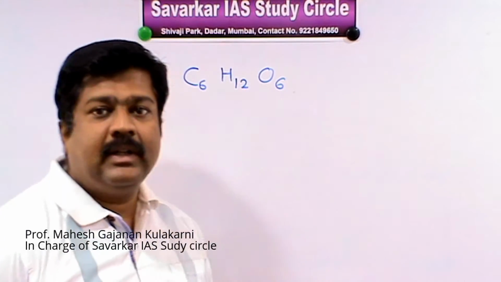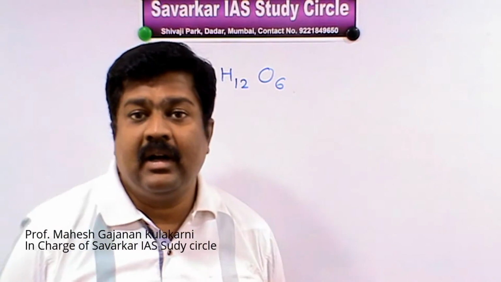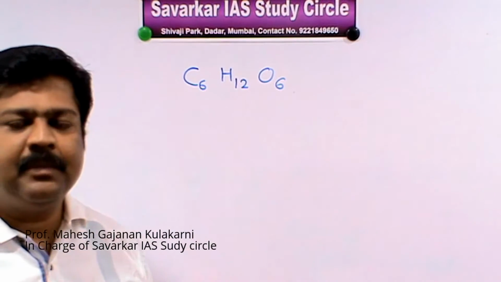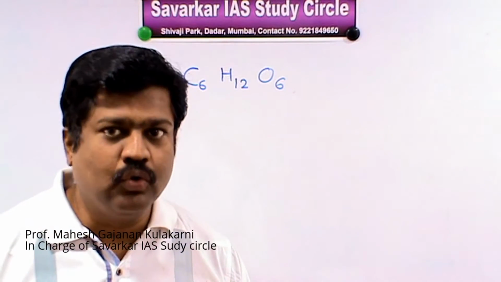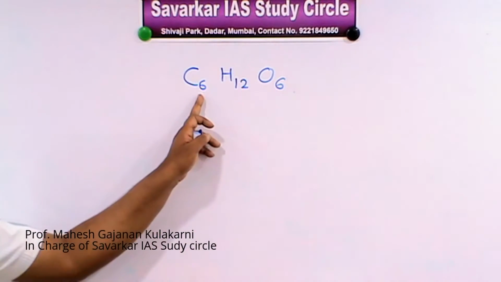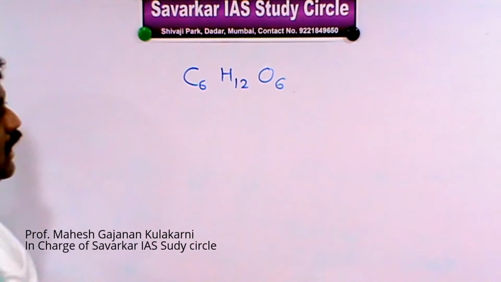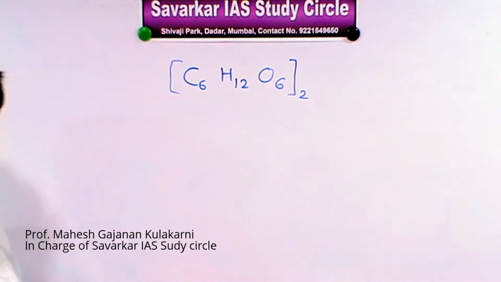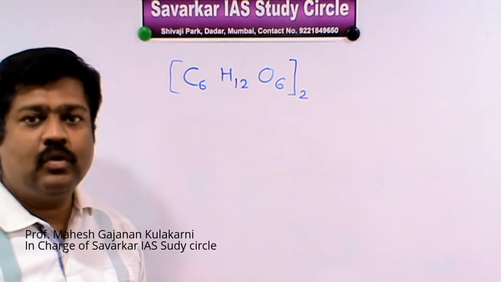So it is not necessary that whenever I am writing C6H12O6, it is always glucose. But in this particular example, we are considering this as glucose. So this is glucose.